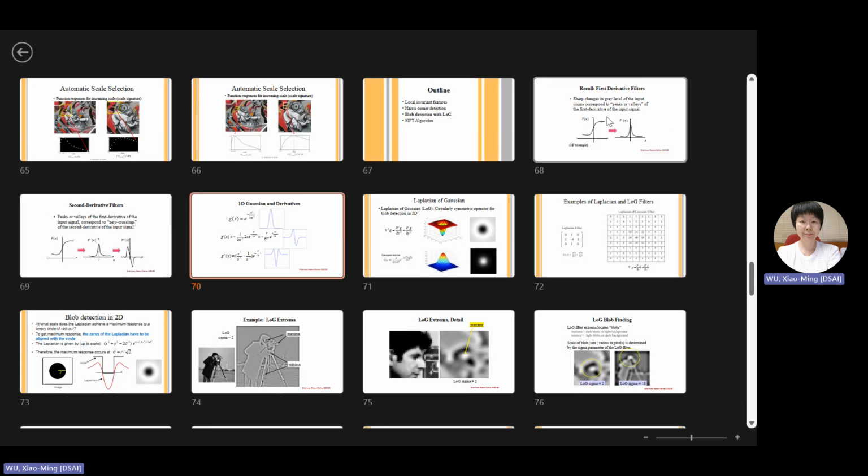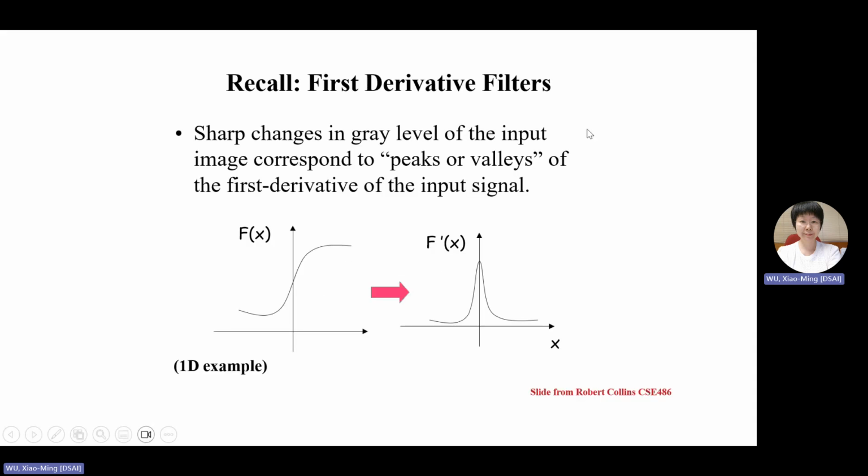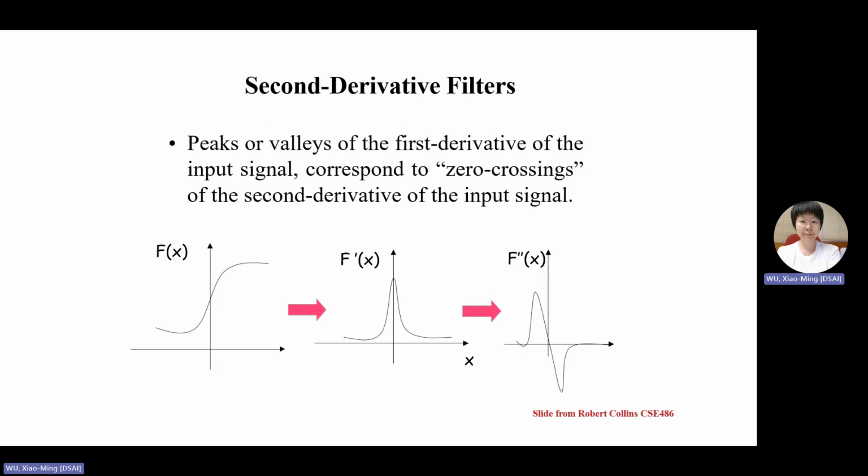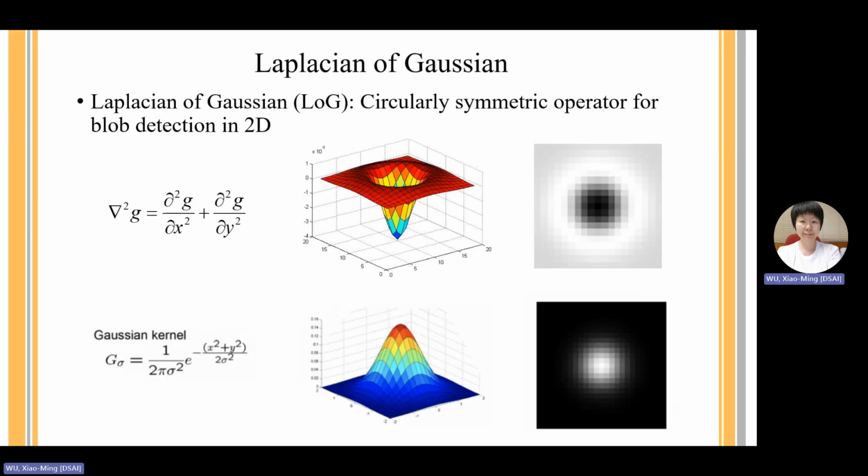So first derivative, second derivatives, and one-dimensional Gaussian and derivatives. I just show them here if you need a relevant background. Okay, so I'll leave it.